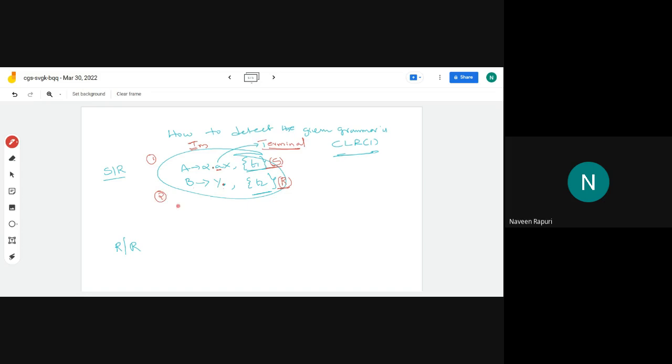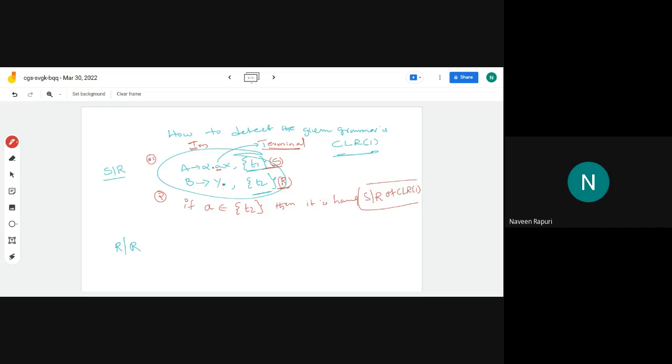After that, we need to check if a belongs to T2, then it is having an SR conflict of CLR1, so that is not a CLR1 grammar.